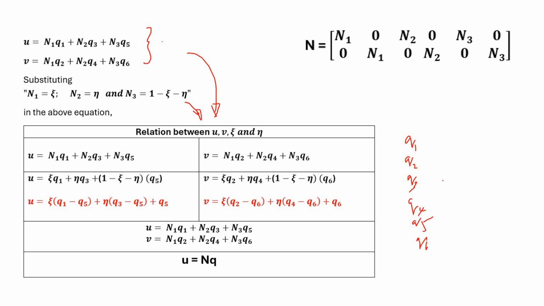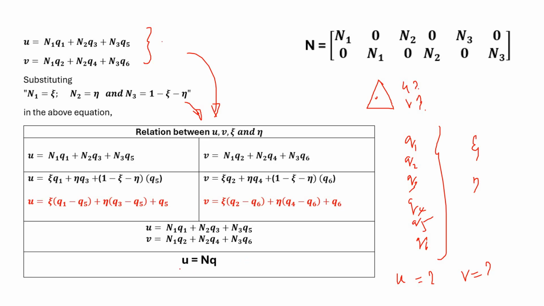So if you know these nodal displacements and the natural coordinates psi and eta, ultimately you can get the values of u and v, the unknowns existing inside the triangle. For example, at a particular point inside the triangular element, if you want to calculate u and v, this can be found by using psi, eta and q1 to q6.